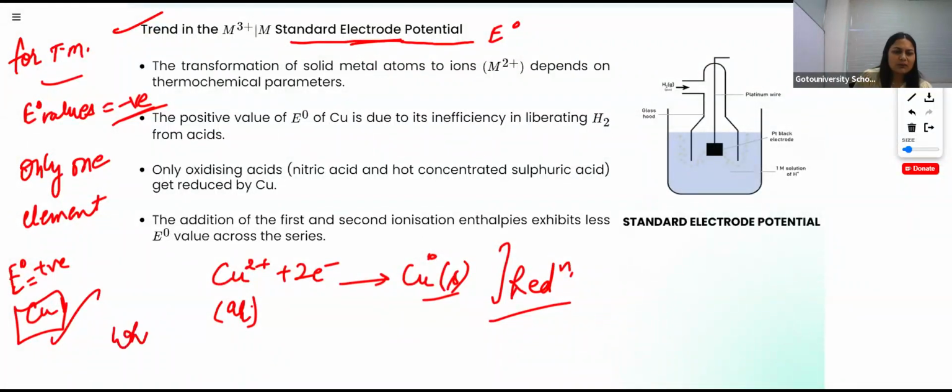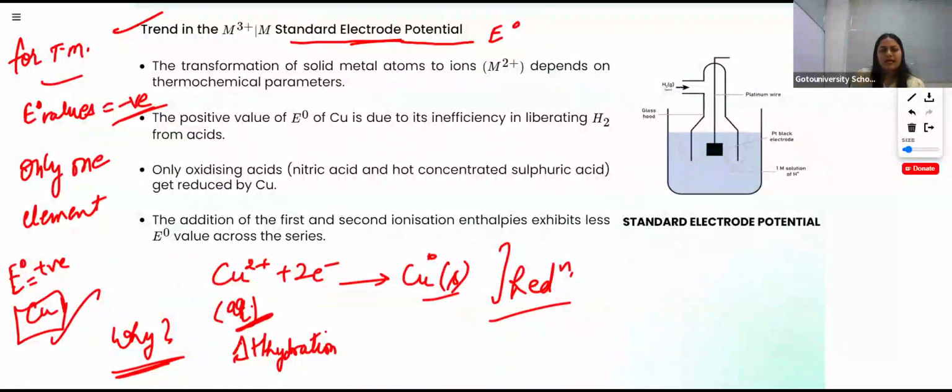Now why only copper? Because it involves a metal ion; as you can see, the copper metal ion is in aqueous medium, so it represents the enthalpy of hydration.